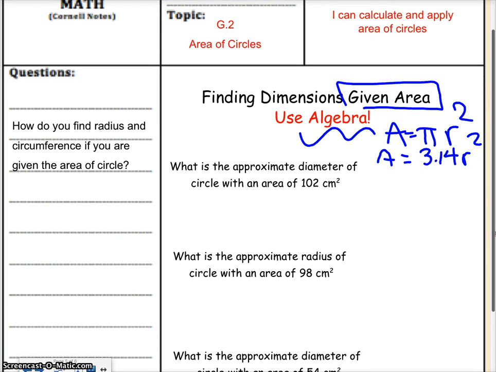So what is the approximate diameter of a circle with an area of 102 square centimeters? So 102 is equal to 3.14 times my radius squared. That's going to get interesting here. I need to divide 102 divided by 3.14, 32.5 approximately.